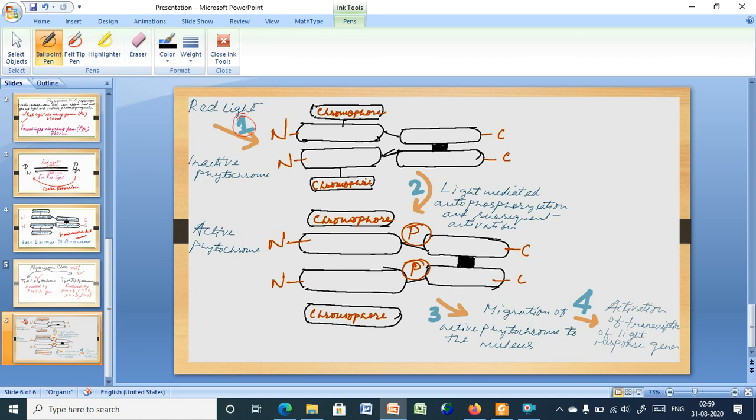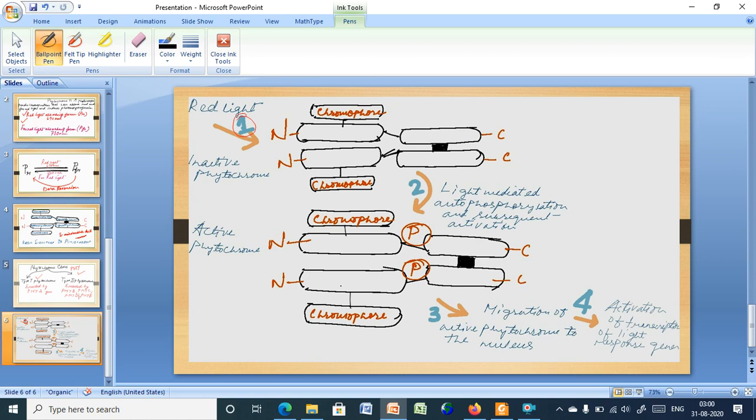So upon light activation, phytochrome converts from the inactive to the active form, and then it migrates to the nucleus, and then finally activates the transcriptional machinery.